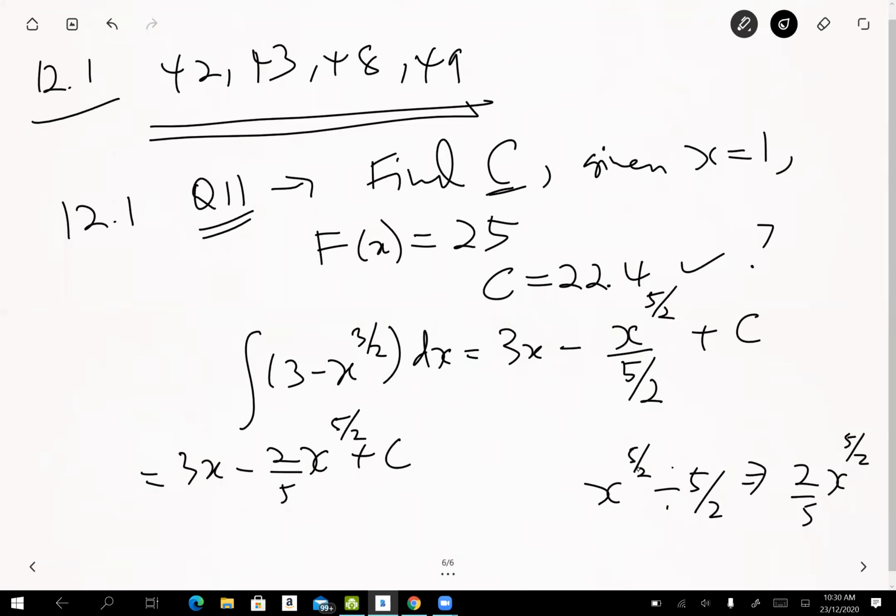Betul kan? Betul tak? Then you substitute. I give you x equal to 1. The value of the integral is 25. You substitute into here. Then you get the value of c. So you will get 22.4.